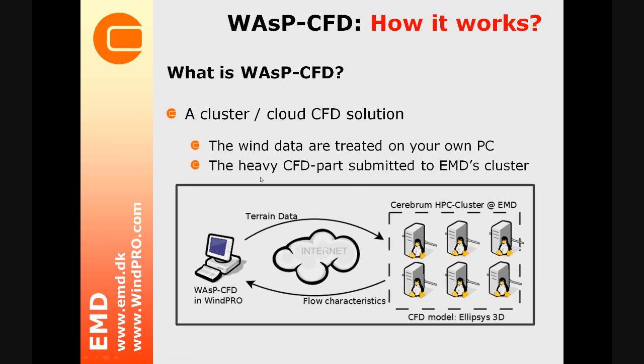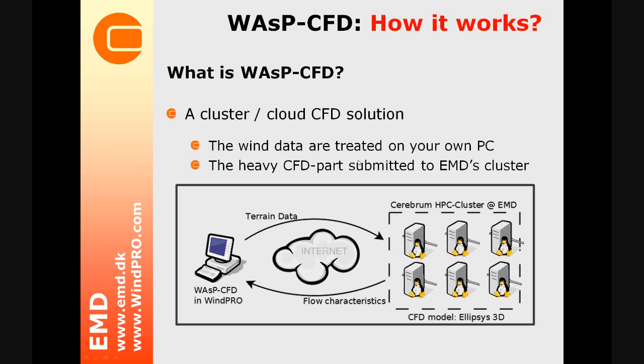I also said that it's a cluster and cloud-based CFD solution. So what does this mean? It actually means that the analysis is done partly on your own PC, and the computationally heavy part of the analysis is done on a high-performance computer cluster. So what is this heavy part?